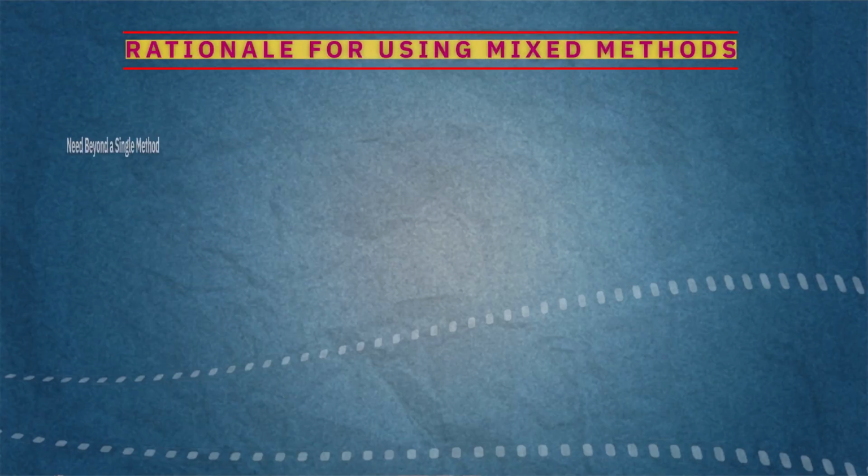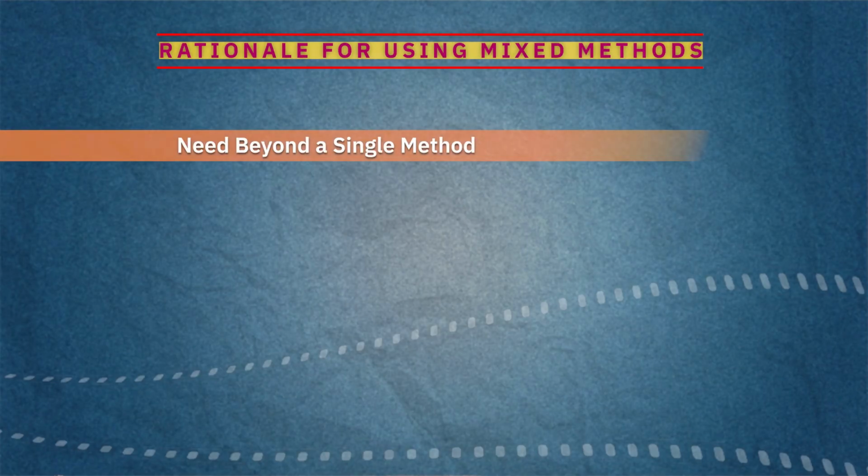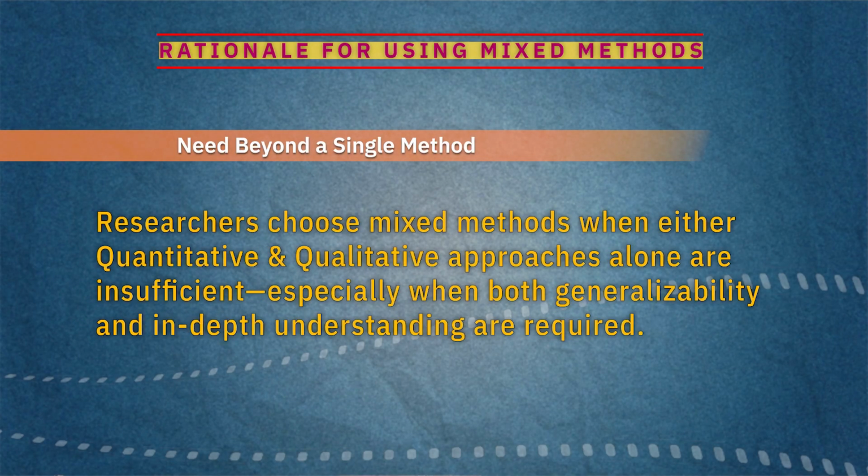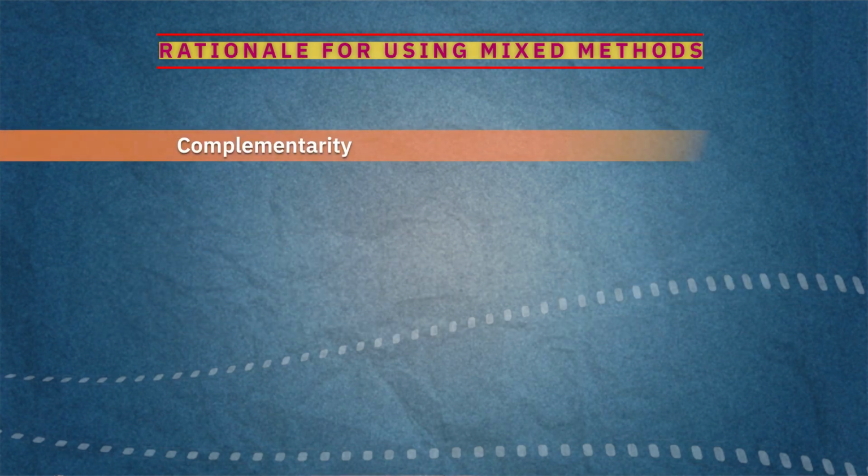Moving on to the rationale for using mixed method research. First, there is a need beyond a single method. Researchers choose mixed methods when either quantitative or qualitative approaches alone are insufficient, especially when both generalizability and in-depth understanding are required. Second is complementarity.